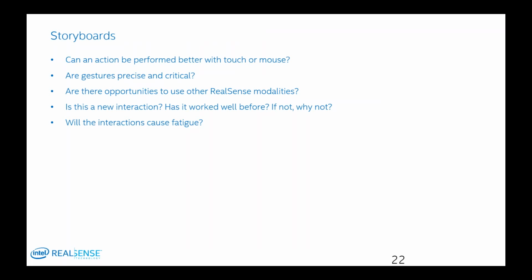So then there's a quick checklist. When you implement a RealSense interaction, is the action to be performed better with other modalities of interaction like touch or mouse? If so, maybe you should use those. Are the gestures from the user precise and critical?